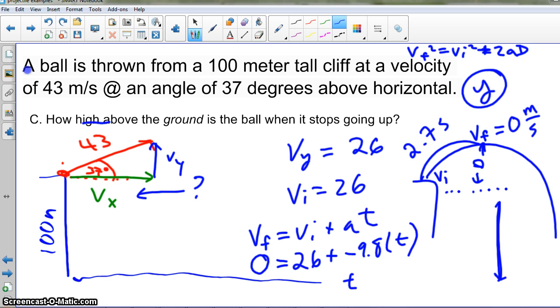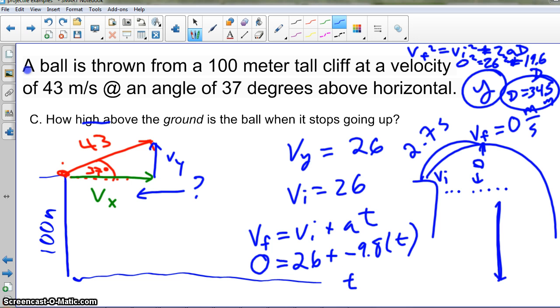So the final, again, is 0 squared equals, the initial is 26 squared, plus 2 times 9.8, which is 19.6 D. So 26 squared divided by 19.6 is what? 34.5 meters. So this goes up 34.5 meters.